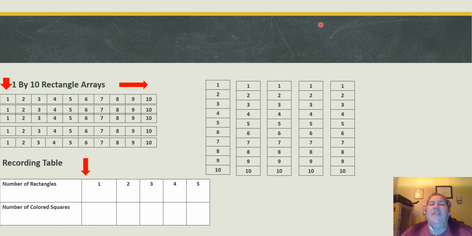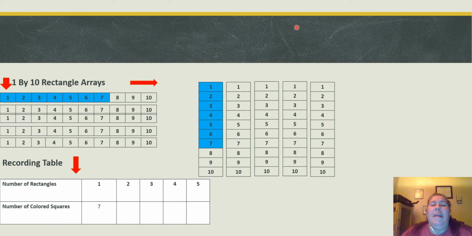So color in these squares and record it here. So if my number was 7, my rectangle would look like either this or like this. My table would look like this. One rectangle, 7 squares.